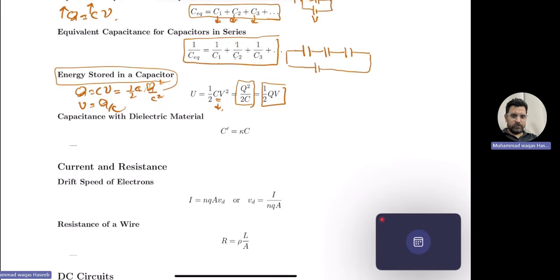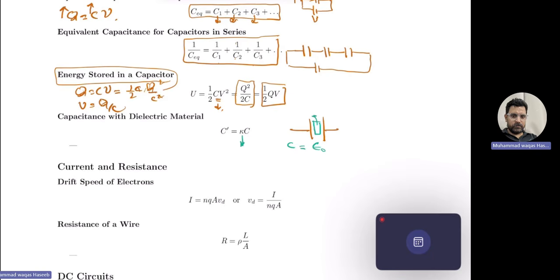If we put a dielectric medium like this, any medium, water, rubber or anything, the capacitance increases. The dielectric constant increases the capacitance because the capacitance of a capacitor depends upon the geometry.